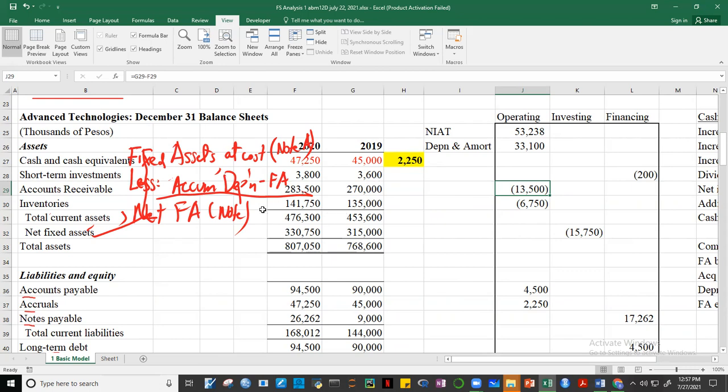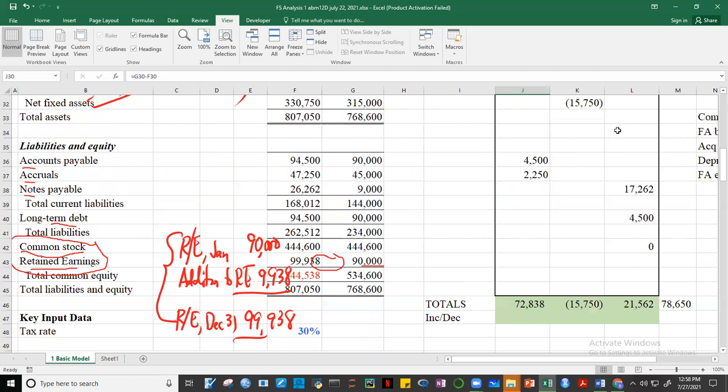There was an increase in inventory, which means we bought inventory. For net fixed assets, from 315 to 330,750, there was an increase of 15,750, and this goes to investing, a use of cash. For the rest, AP from 90 to 94,500 is generated from the operating activities.